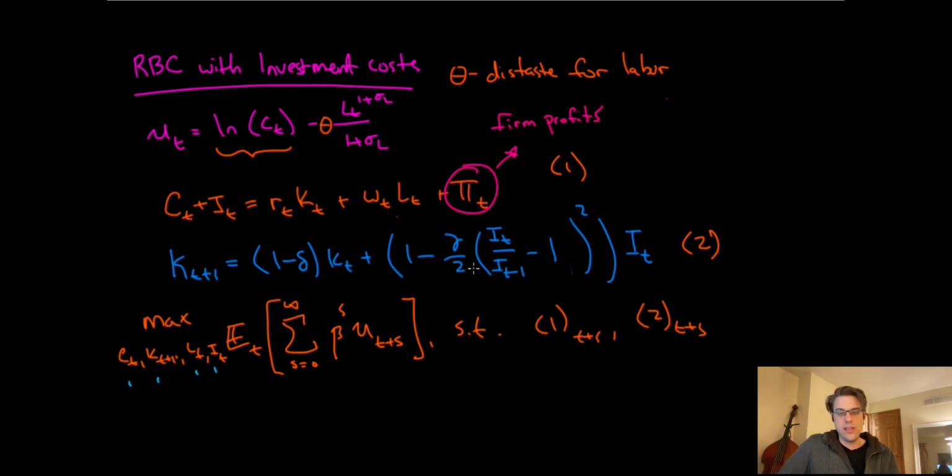You should see that in this case we cannot do that because we have a cubic function in I_t. Right? If you multiply this out, it's squared, and then you multiply by I_t again, so you have a cubic function in I_t. We can't just solve for I_t. So you have to solve this as a 2 constraint problem with 4 controls. Okay, so your job now is to write down the Lagrangian, and I will do that as well, and I'll see you in the next video.